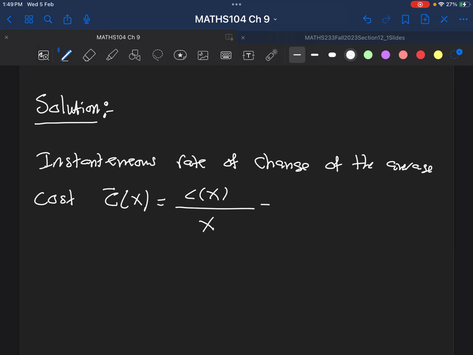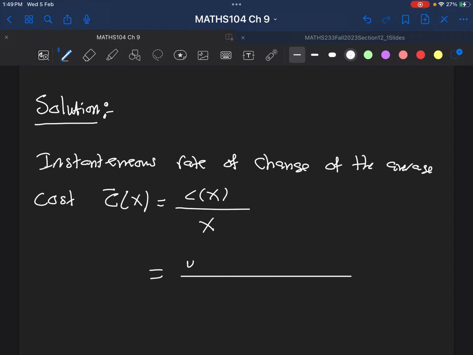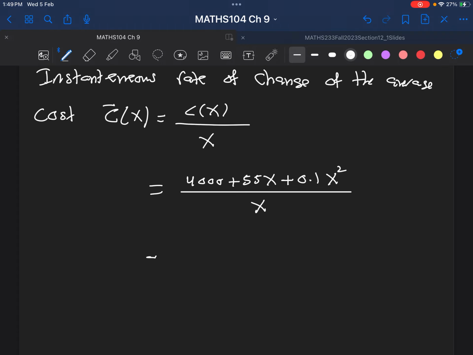Now, what is C bar of x? It was C of x divided by x. And if we write it down, this is 4,000 plus 55x plus 0.1x squared divided by x. Of course, we have to rewrite this function.